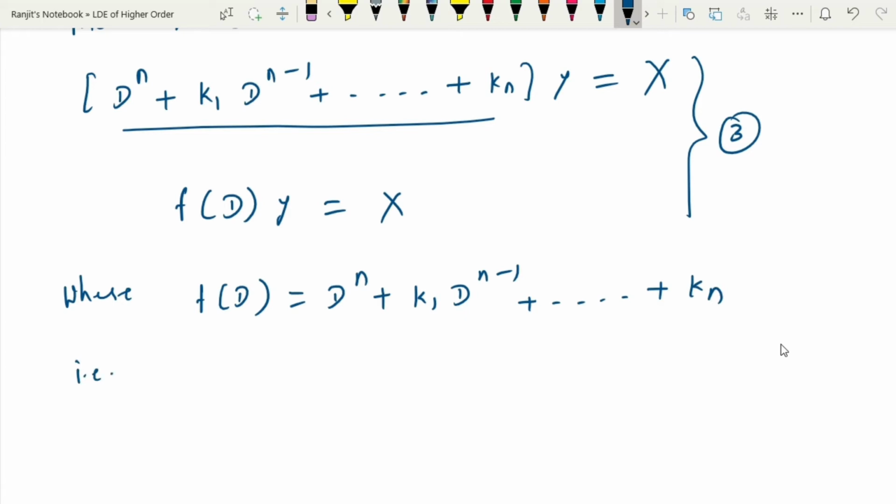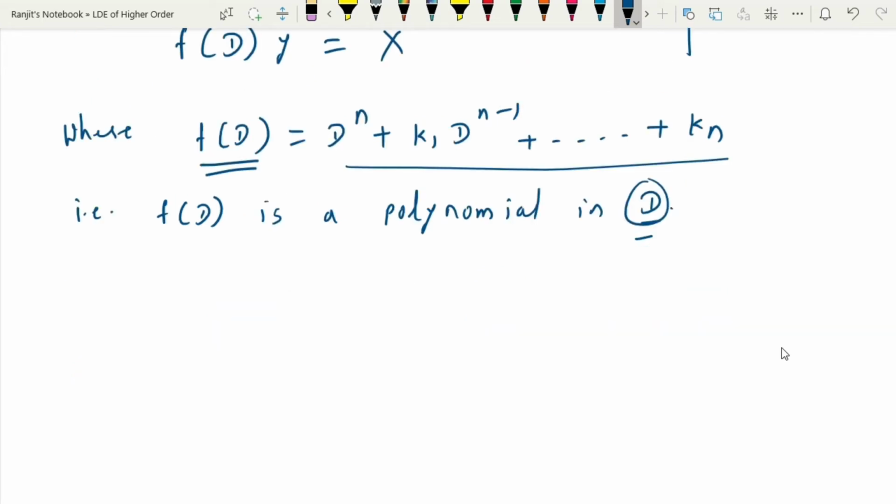That is, f(D) is a polynomial in D. Here the operator D can be treated as an algebraic quantity, and the polynomial f(D) can be factorized by ordinary rules of algebra, and the factors may be written in any order.